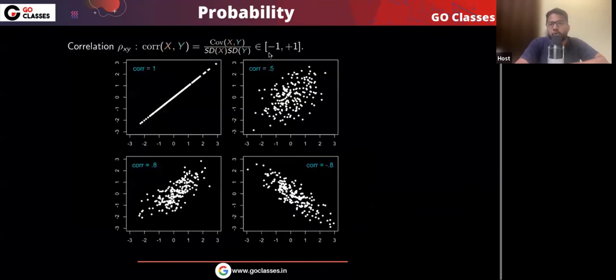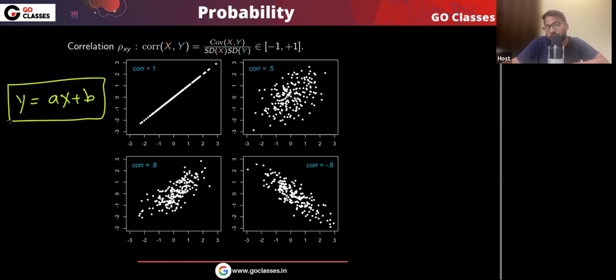Now, as I told you, we can also prove, if necessary, that the correlation value ranges from -1 to +1. +1 means this is strictly linear, which we can actually prove also. Let's suppose there is a random variable y and y is related like this, ax plus b. If y has a strictly linear relationship with x, on the same line, then the correlation between x and y is either +1 or -1.